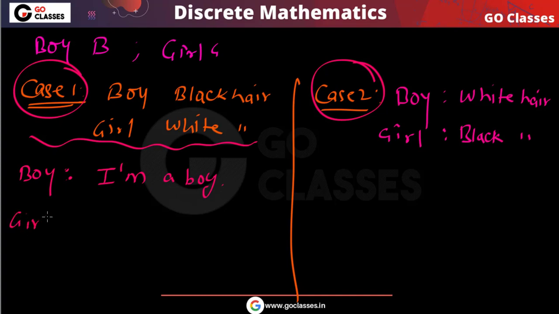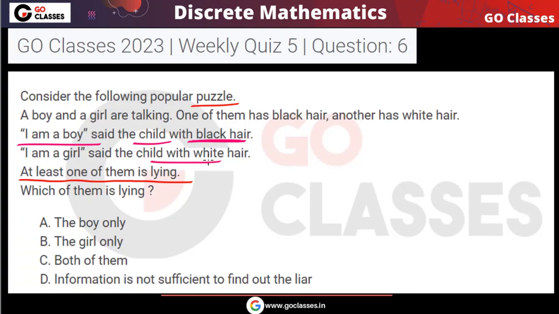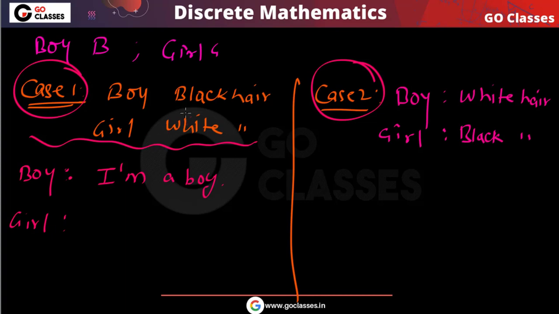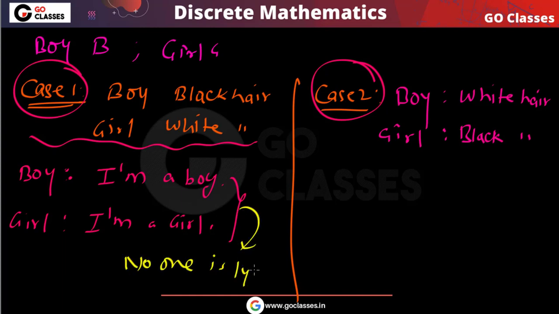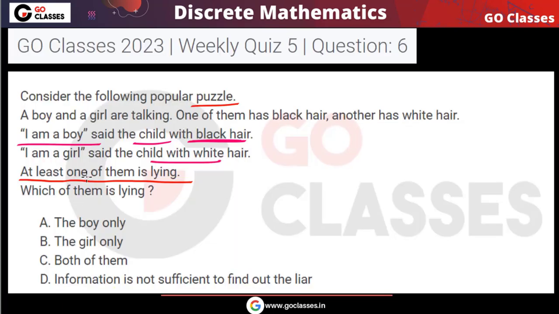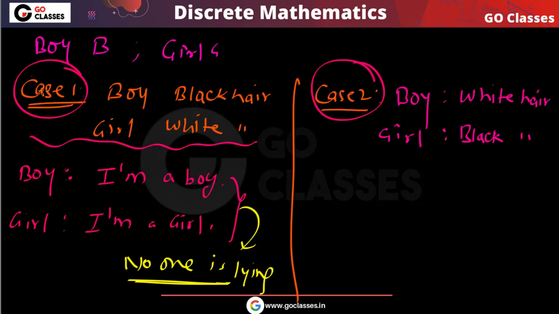And you can notice the child with white hair is saying that I am a girl. Child with white hair means girl, so the girl is saying that I am a girl. So here there is no falsehood, both are okay. So basically no one is lying here. In this case you can very easily see that no one is lying, but the question is saying at least one of them is lying. So this case is not possible.